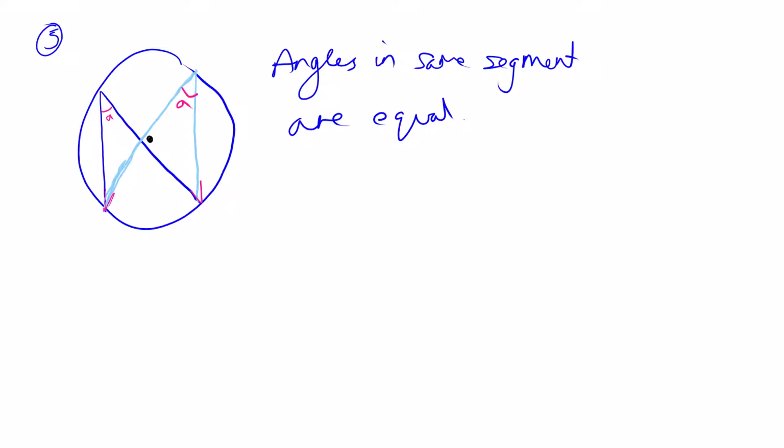A very key point. If they don't meet, so let's say that the light blue came down here and the dark blue is remaining in its place over here, then we wouldn't be able to use this theorem. Okay, so angles in the same segment are equal.